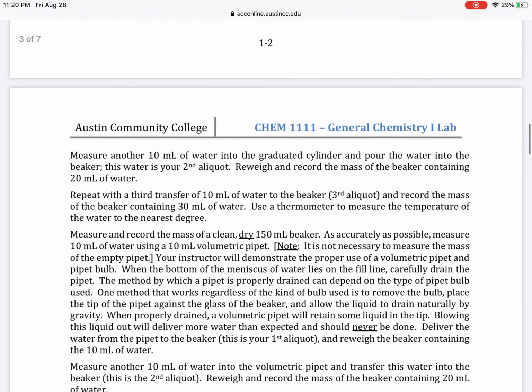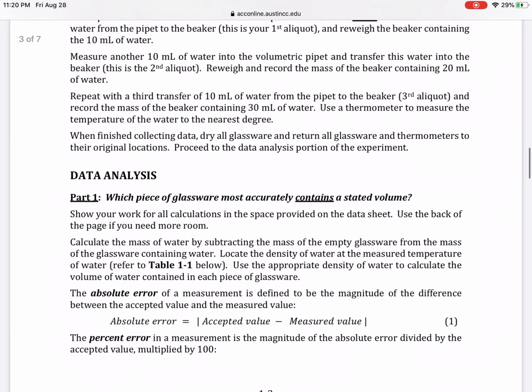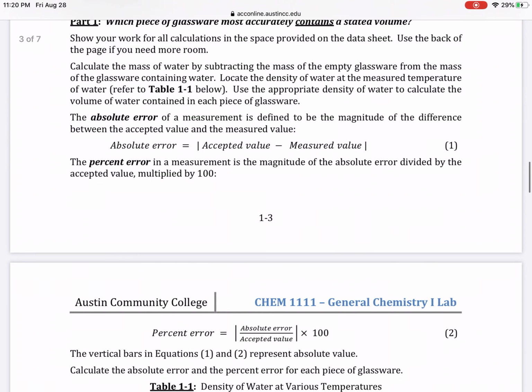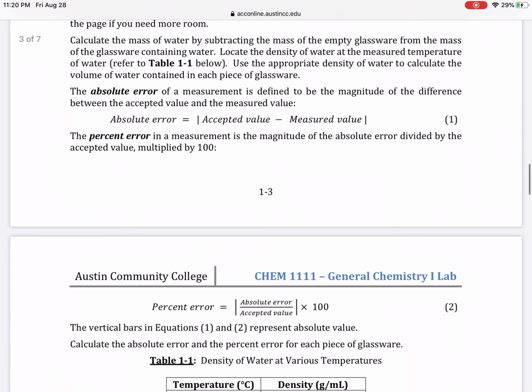Okay, and it also gives you a data analysis, how you're going to analyze the data. At the end of the experiment, you are asked to calculate the percent error. It also talks about the equation. How do you calculate the percent error? For that, you need the absolute error. Absolute error is calculated as accepted value minus the measured value.